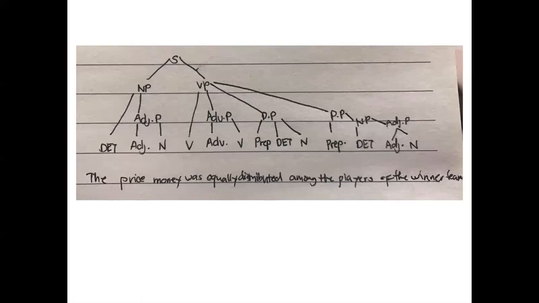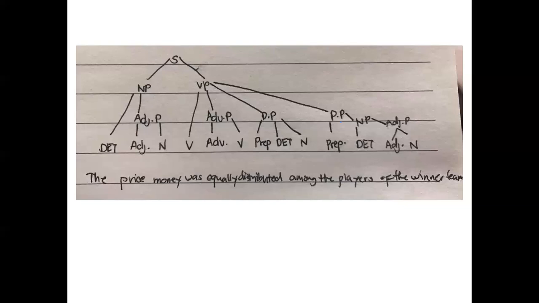Next, of the winner team. Though we could say winning team, winner team is the most appropriate. Of is a preposition, so the whole phrase from of until the rest of it will become a prepositional phrase. Under the prepositional phrase, we have a noun phrase because we still have the winner.